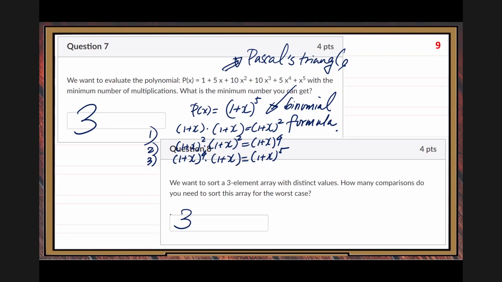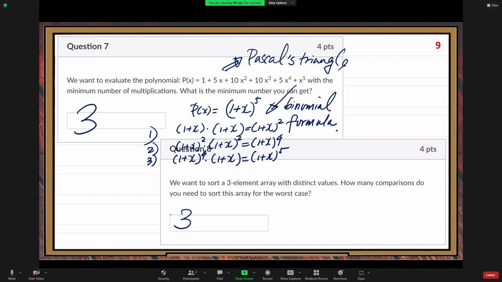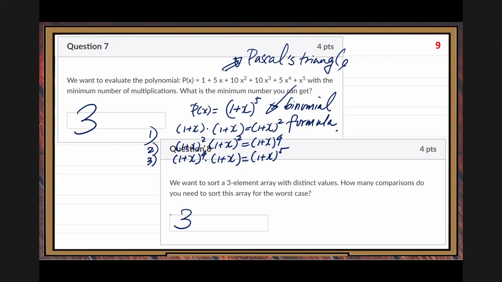Later we will get to more details. Median and sorting, 2 different problems. Median, selection problem. Sorting problem.